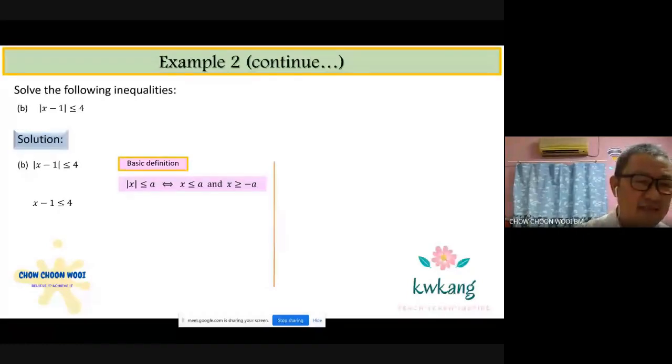So this one, it is x minus 1 is less than or equals to 4 and x minus 1 is greater or equals to negative 4. Kita dah guna kaedah ni. Pecah nanti gabung by using number line. Dah buat tak?